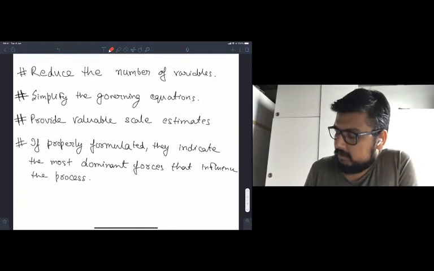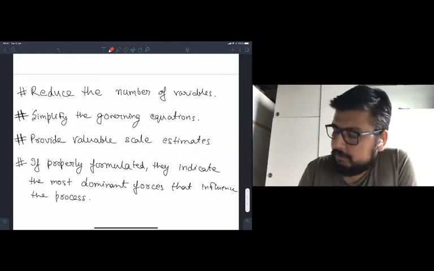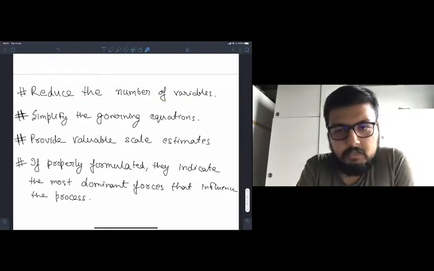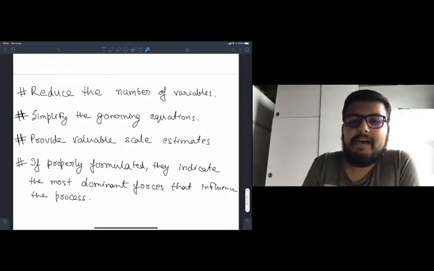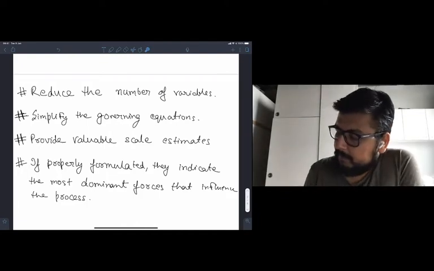So what this analysis does is to reduce the number of variables. So as we will see later on in the lecture, we can reduce the number of independent parameters that we have in any given process. It can often simplify the governing equations.